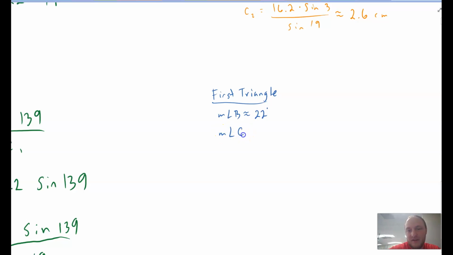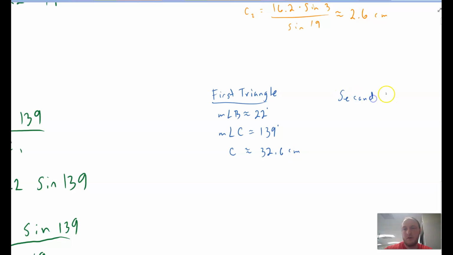The measurement of angle C was approximately 139 degrees. Whoa! The lights just turned out. They didn't think I was still in here. I know that little c is approximately 32.6 centimeters. And then we have our second triangle.